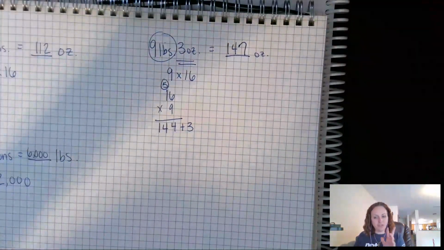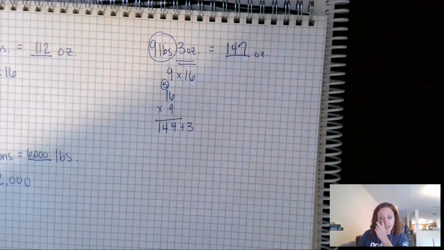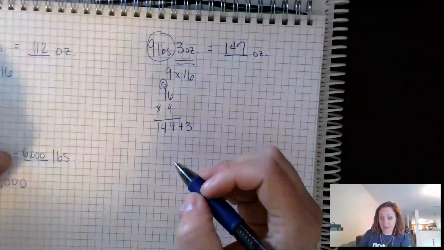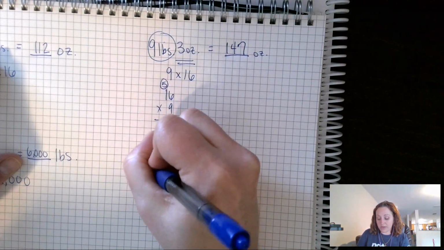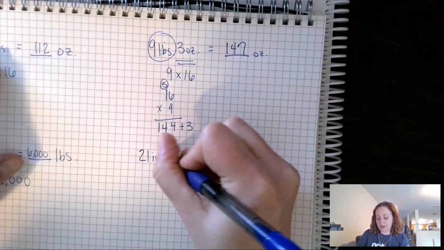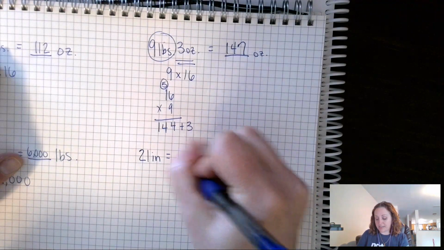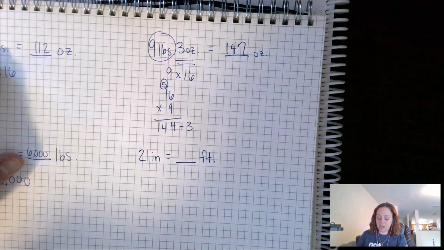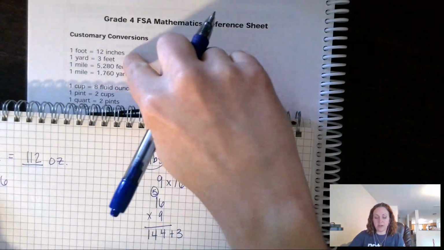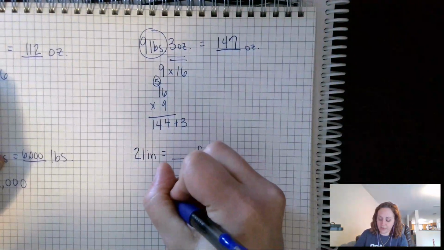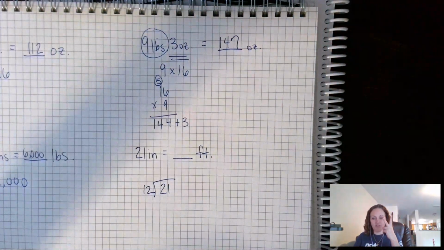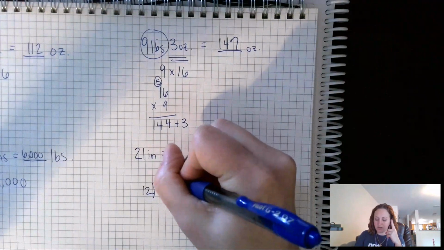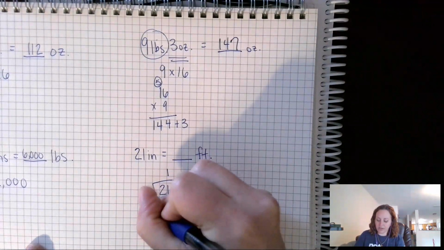You can do that with feet and inches too. Like let's say, well, my daughter was 21 inches when she was born, and I want to know how much that was in feet. All right, so I would do, looking back up here, 21 divided by 12, right? 12, 24, it wasn't 2, so it was just 1. 1 times 12 is 12.